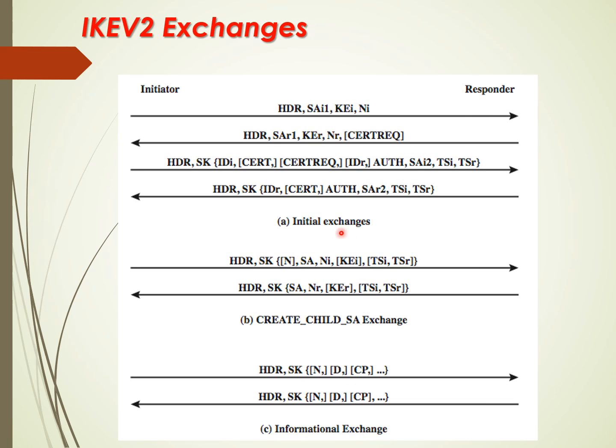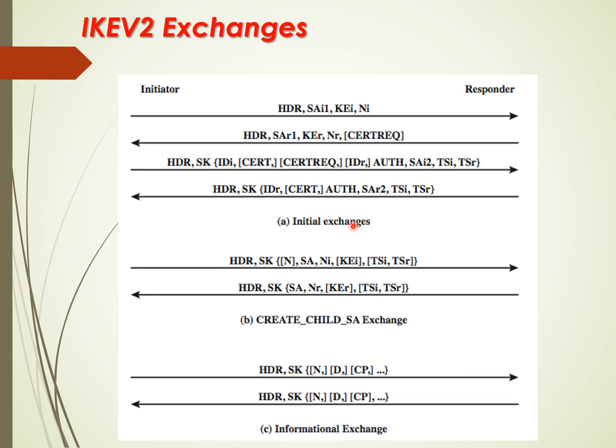So in the first exchange, that is the initial exchange, the two peers exchange information concerning cryptographic algorithms and other security parameters they are willing to use, along with nonces and Diffie-Hellman values.